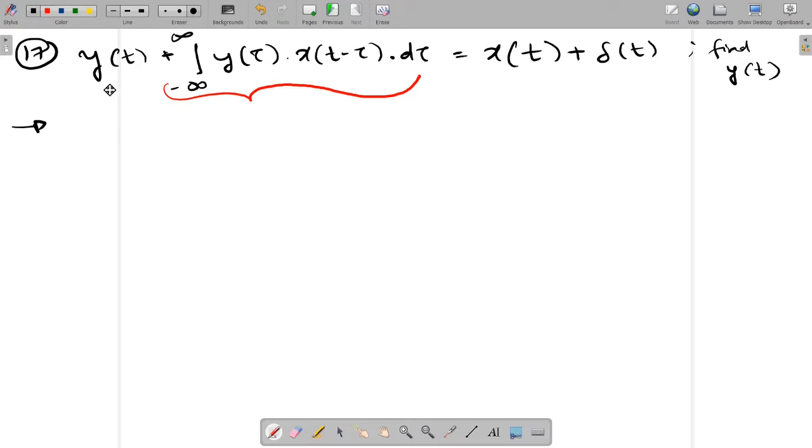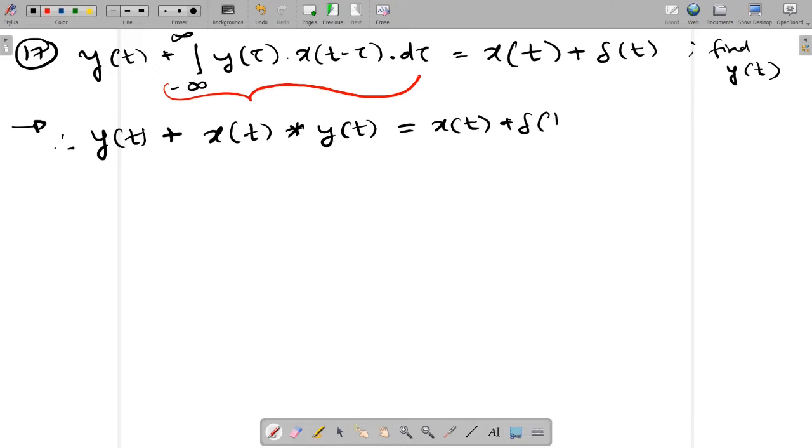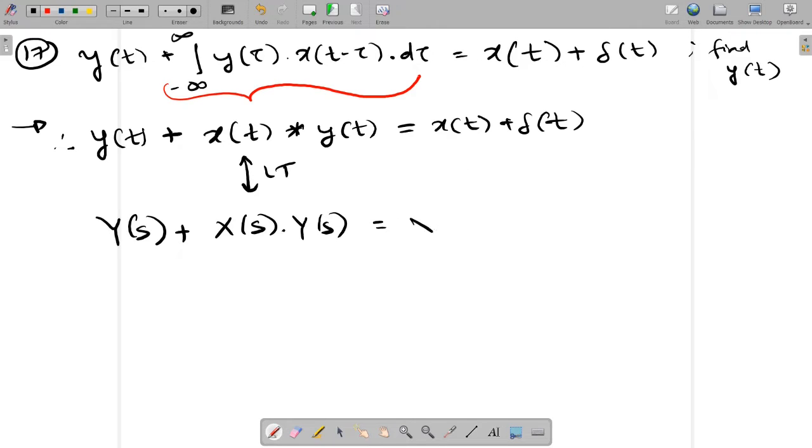So you can write this as y of t plus, what is the entire term? This is a convolution term, x of t convolution y of t. Yeah, the same remains as it is. Let us take the Laplace transform of this. So y of t is y of s plus convolution time domain is multiplication in the frequency domain. This is x of s.